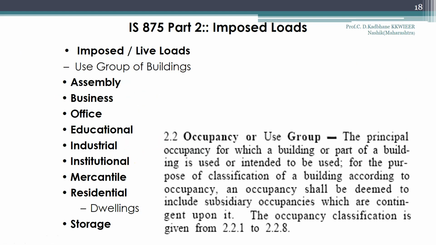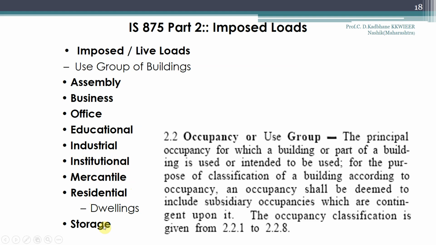Now these imposed and live loads will vary as per the type of occupancy or function of a building. Depending on the group of building, there are different types of buildings: assembly, business, office, educational, industrial, institutional, mercantile, residential dwelling and storage.